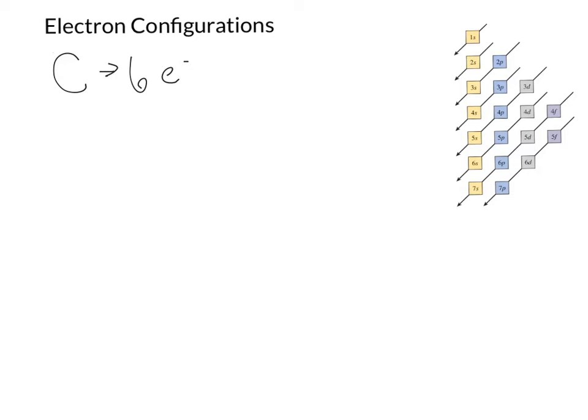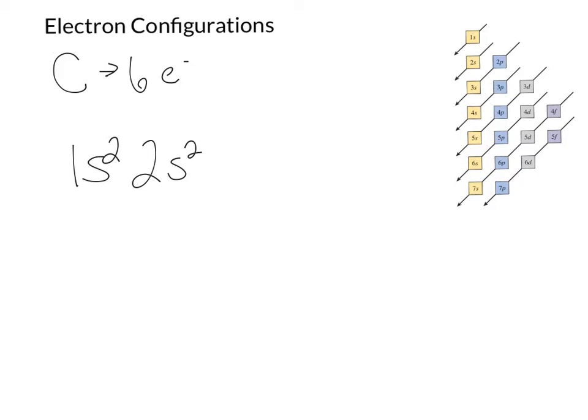To write the ground state electron configuration, we start with the 1s orbital and continue to place electrons into orbitals as they increase in energy. So the first 2 electrons would go into the 1s orbital. So you'd write 1s2 for the first orbital being filled. Next, you move on to fill the 2s orbital, and that orbital will have 2 electrons.